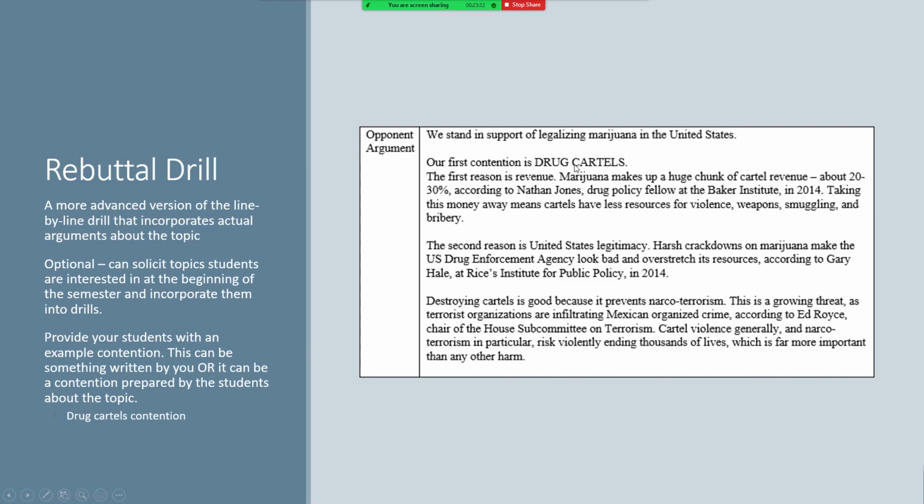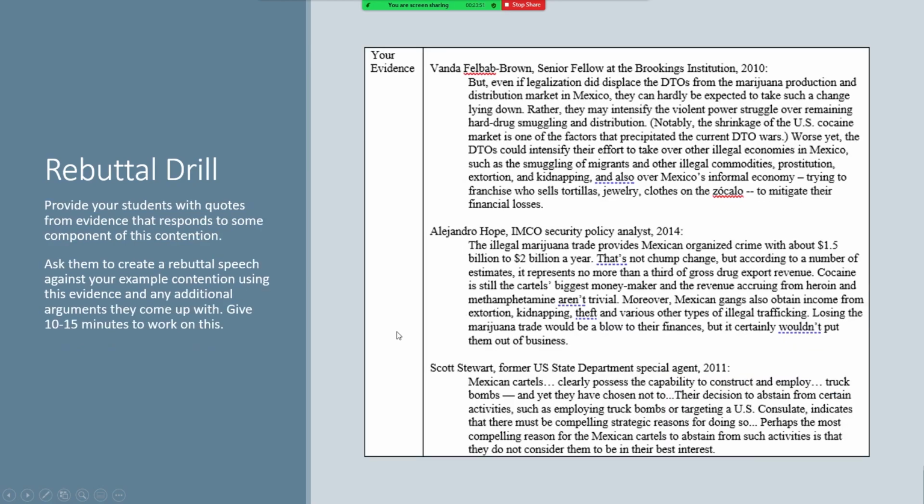So here we have a constructive on a contention. We have a revenue link, we have a legitimacy link, we have a narco-terrorism impact, we have a cartel violence impact. And so you would provide your students with this, and then you would also provide quotes from articles that respond to the contention.